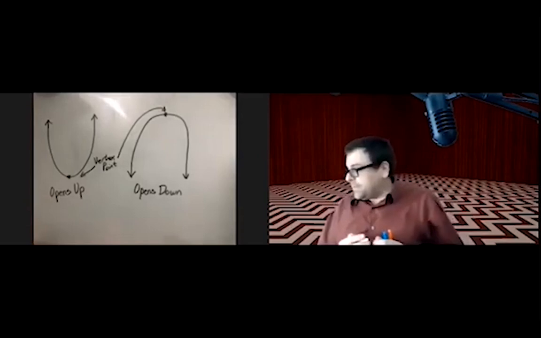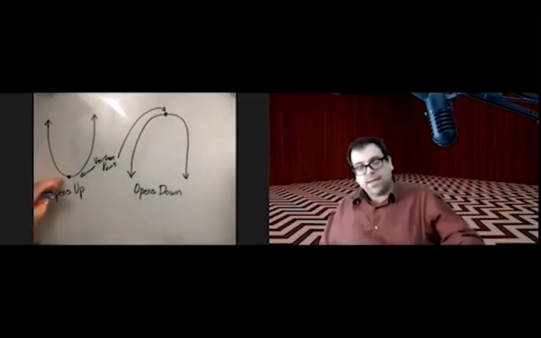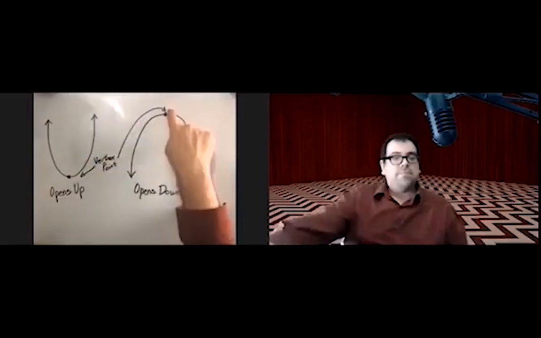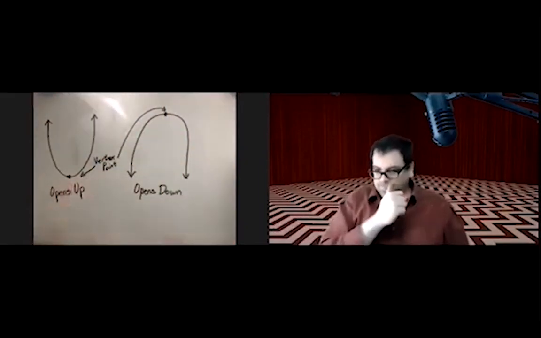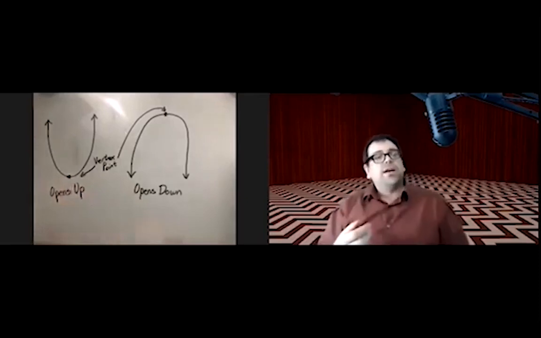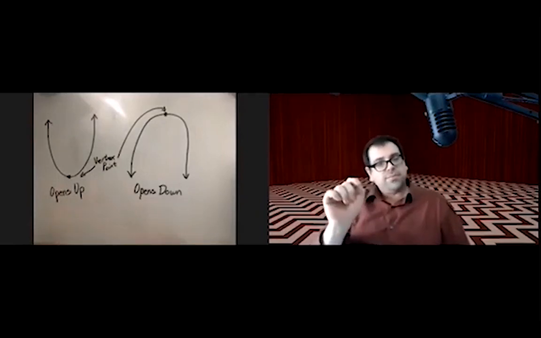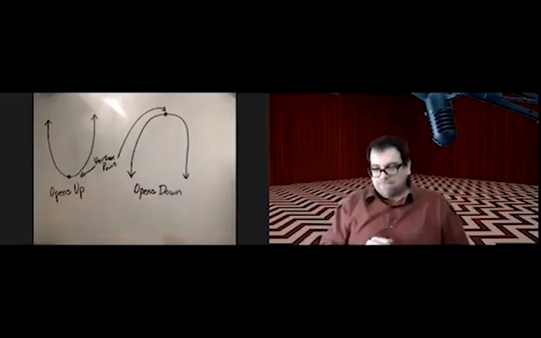So a vertex point is the minimum or maximum point. The point at the top of the hump, the point at the bottom of the valley. When we're moving a parabola up, down, left, right, it's that vertex point that we're actually moving up, down, left, or right, and then we draw it off from there.